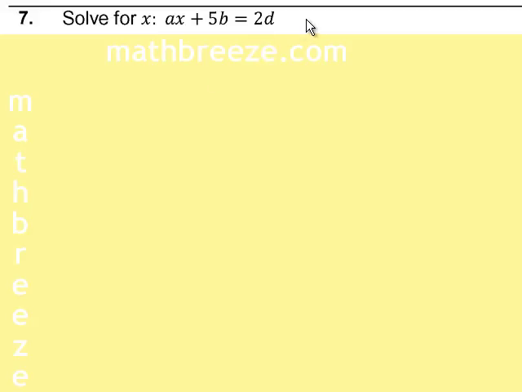In number 7, we have an equation with many variables, and we want to solve for x. So we're going to start by isolating the x term. So let's subtract this 5b from both sides.